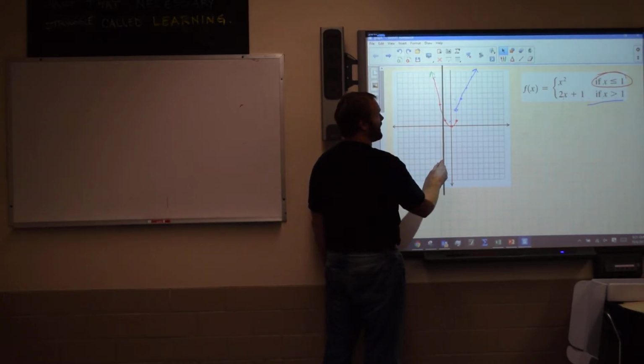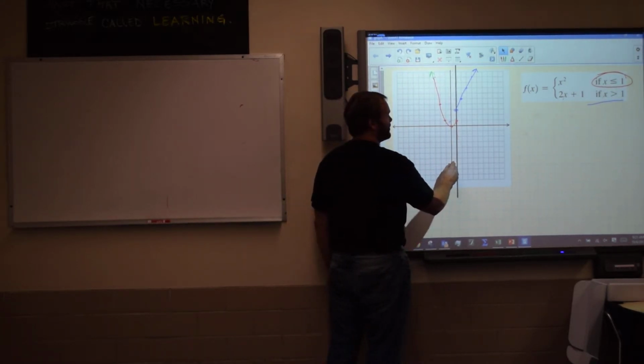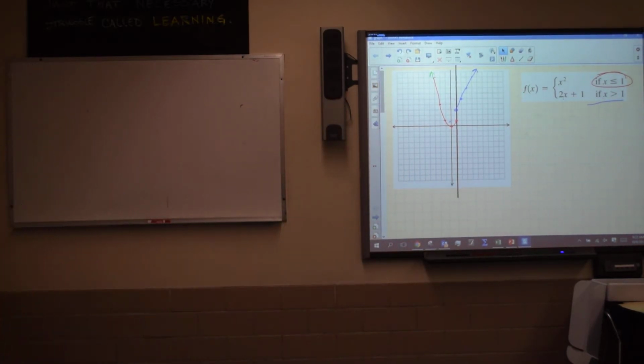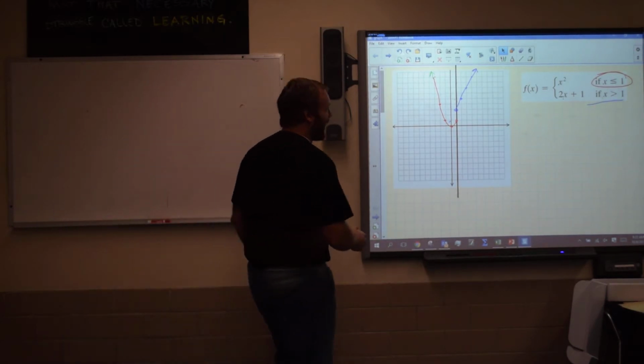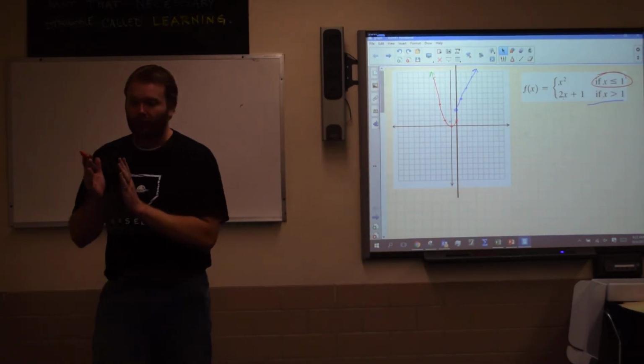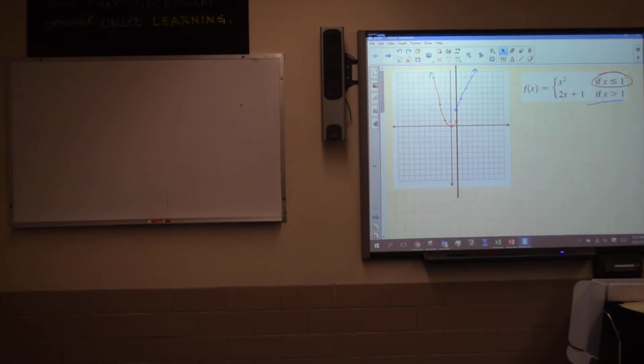Passes, passes, passes, passes, passes. And there's an issue right there, right? Well, there may be an issue there. But because we put an open dot on the blue, that means that that blue segment, that blue ray, actually starts just to the right of that vertical line, and it really doesn't touch it. Does that make sense? Okay. But it does touch the red one, right? Okay.